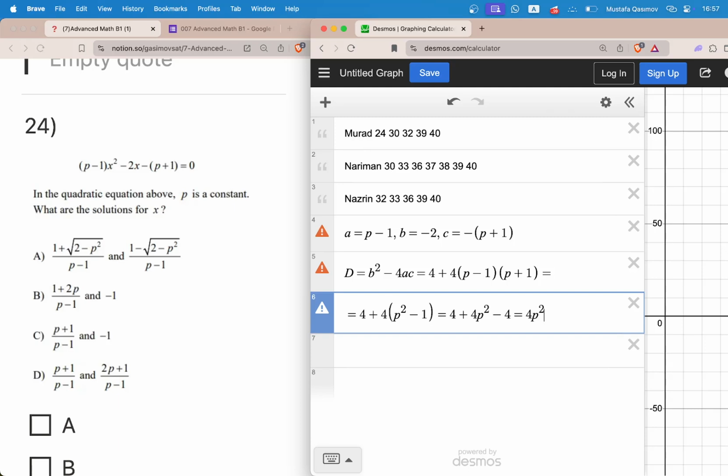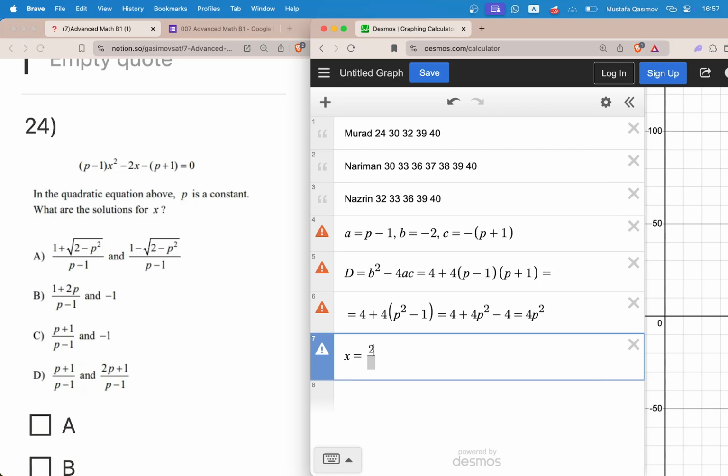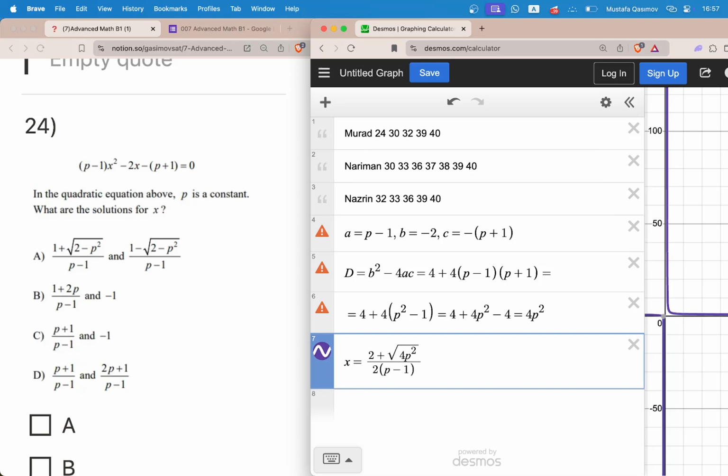Then what was our general formula? It is like this. x is equal to negative b, negative b is 2, plus square root of 4p square over 2a. 2a is like that. Here we have two options. Just wait 1 minute.